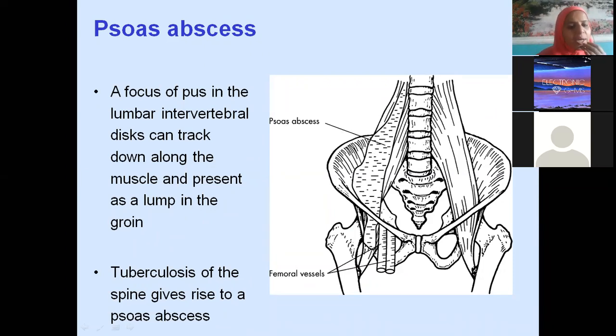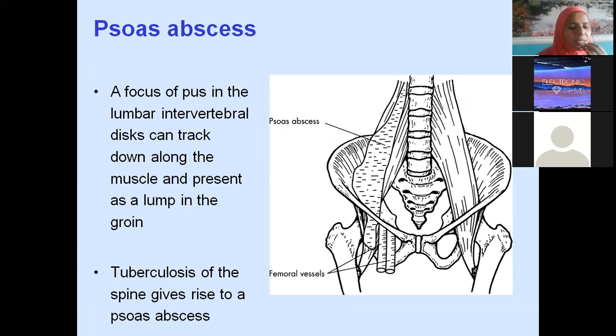Not only that reason: basically tuberculosis attacks the lungs, but through blood circulation it can go to any part of the body, including the vertebral column. Suppose in bone TB the infection has come to the lumbar vertebra. Through the lumbar vertebra, the infection can easily spread to the psoas major muscle also.